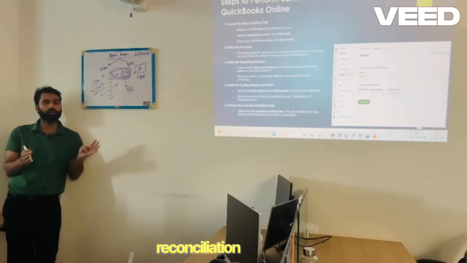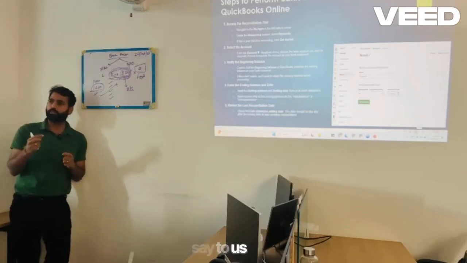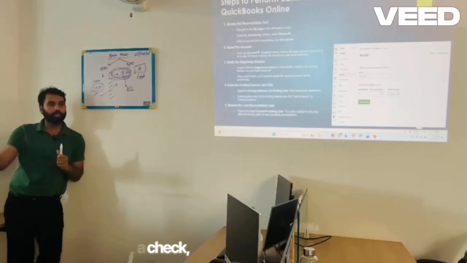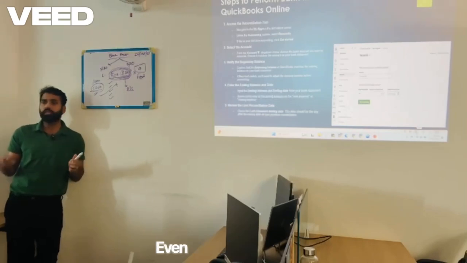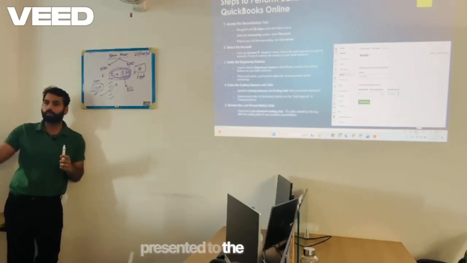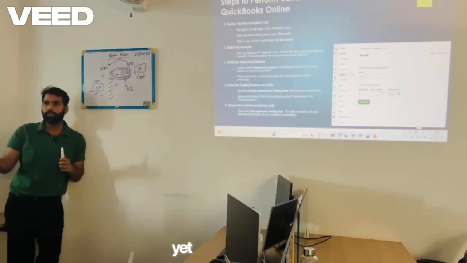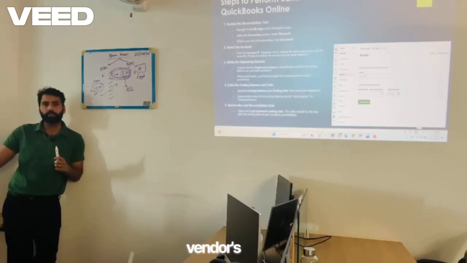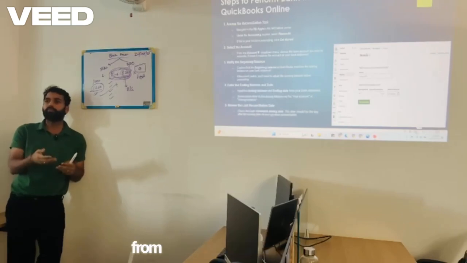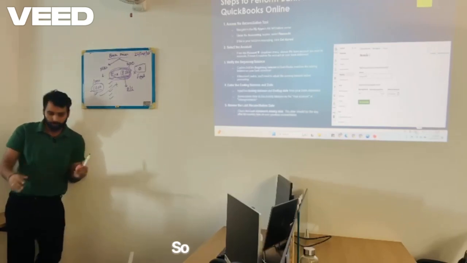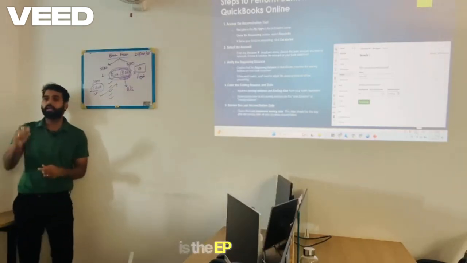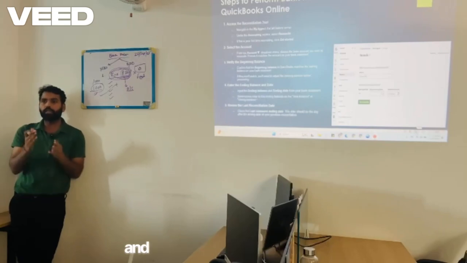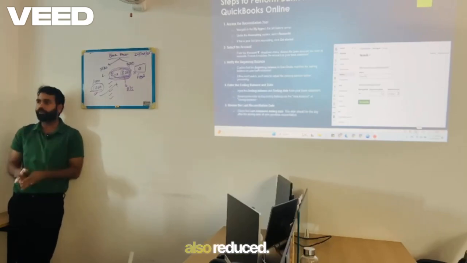So what the bank reconciliation is trying to say to us is, the moment you issue a check, the bank balance should reduce by that amount, which is correct, right? Even if it has not been presented to the bank or cleared in the bank yet, and has not gone into the vendor's account, it still left your bank or your hand. So your liability actually got reduced. So what you should be doing is the AP should be reduced by that amount and your bank balance should also be reduced.